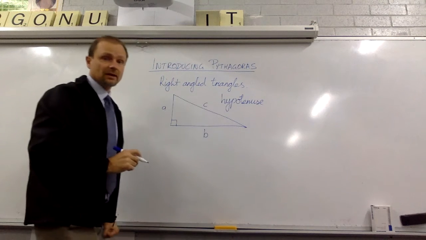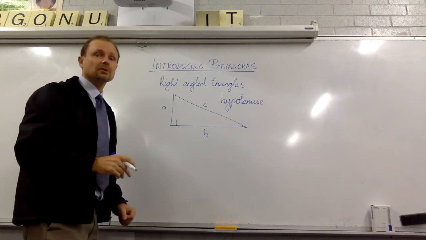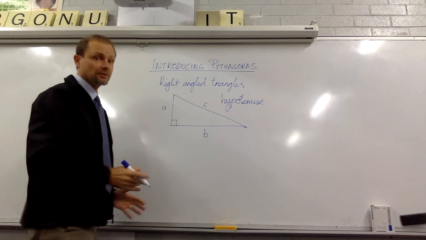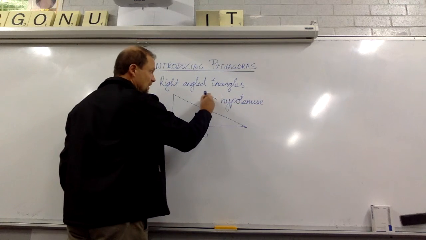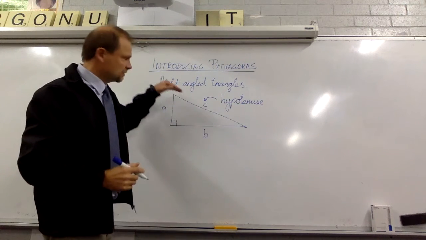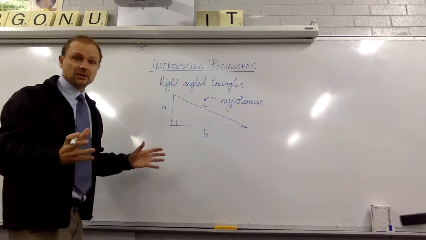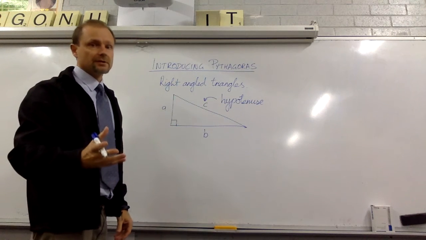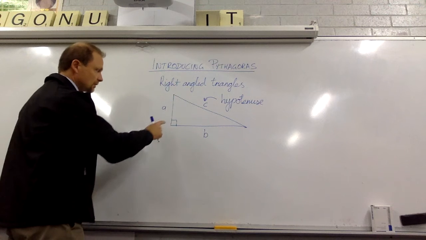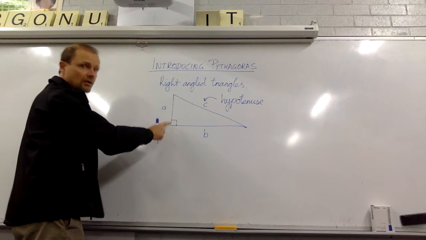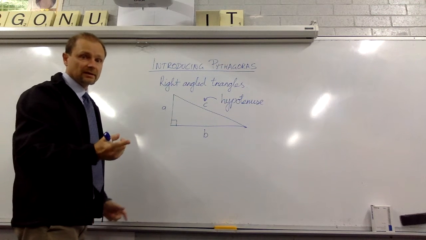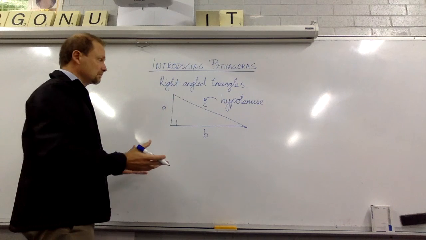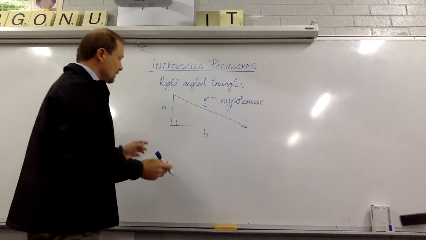Hypotenuse. I hope you can read that. You're going to come across it a lot of times in the next few years. But it's the side that is angled. It's opposite, and this is the way to pick it every time, it's opposite the right angle. You can figure that out anytime.